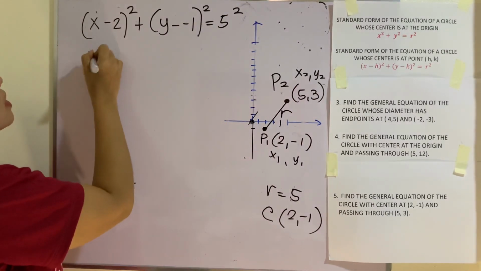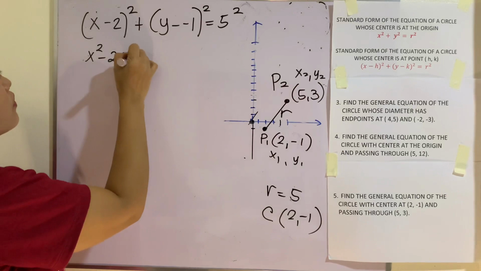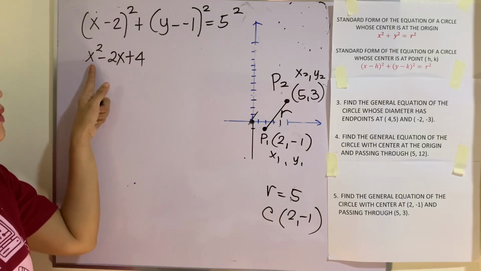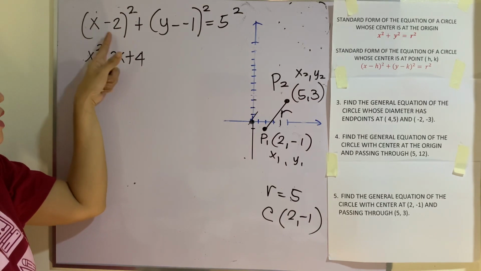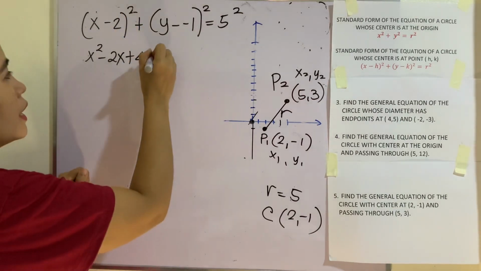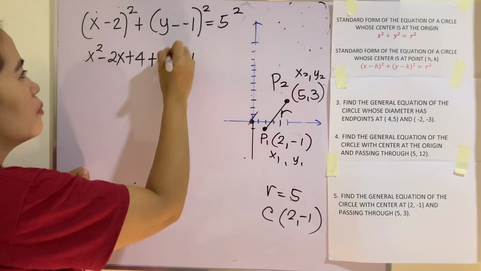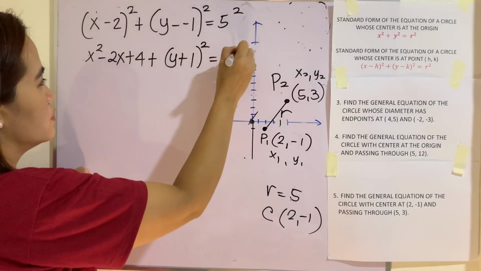So this is x squared minus 2x plus 4. How do we do that? Square of binomial: square the first, double the product of the first and the second, and then square the last. Plus, this one becomes y plus 1 is equal to 25.